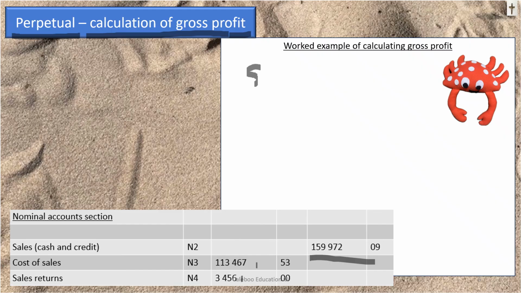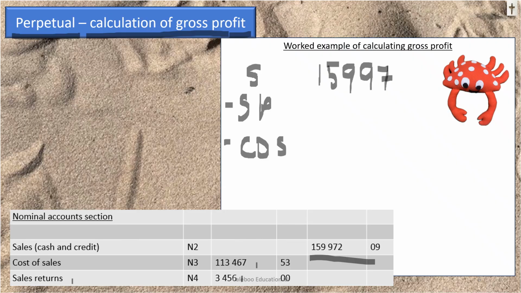So we've got sales minus, let's call it sales returns, less cost of sales. So sales is 159972.09.